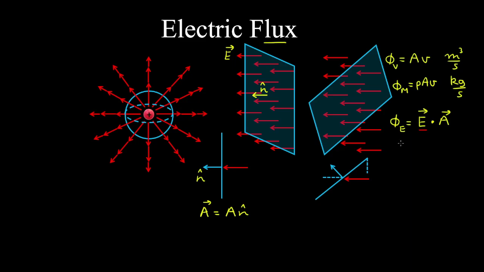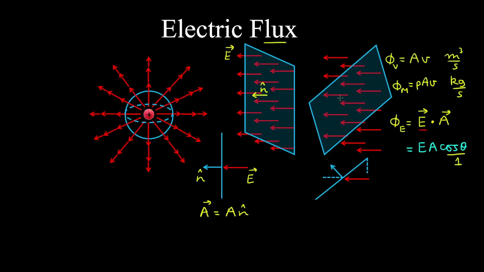So noting the dot product can be written as the product of the magnitudes of both vectors by the cosine of the angle between them. So in this first case, where the electric field and the normal vector are parallel, then you're going to get the maximum electric flux through that area, because the cosine of the angle between them, being 0, is 1, which is a maximum.